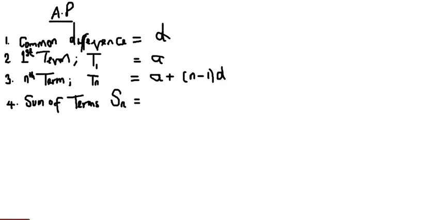This is given as half of n multiplying the sum of 2a and the product of n minus 1 D. So these are the 4 components of arithmetic progression.